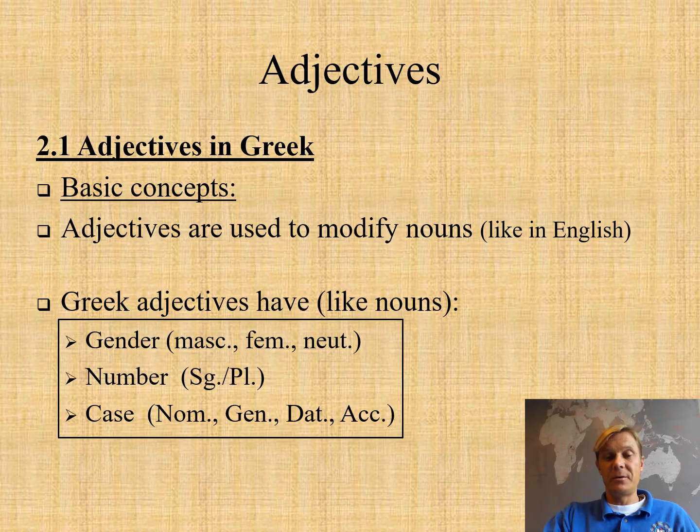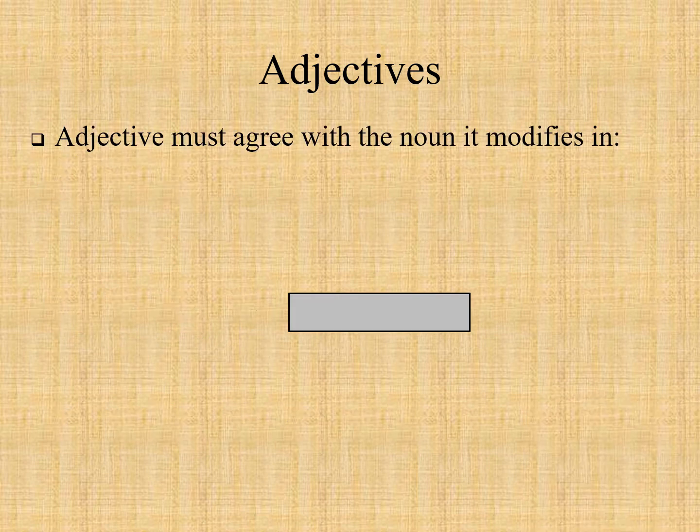Gender: masculine, feminine, neuter; number: singular or plural; and case: nominative, genitive, dative, and accusative. Each adjective is either masculine, feminine, or neuter. The same adjective is either singular or plural. And the same adjective is either nominative, genitive, dative, or accusative with regard to its case.